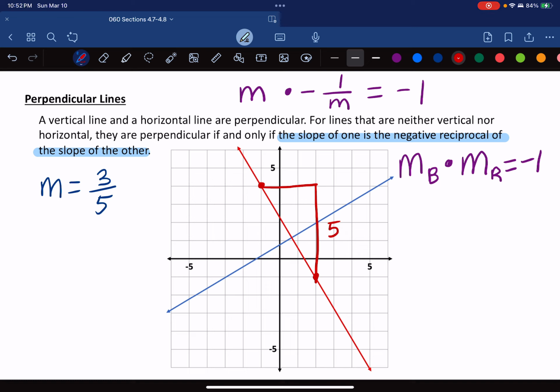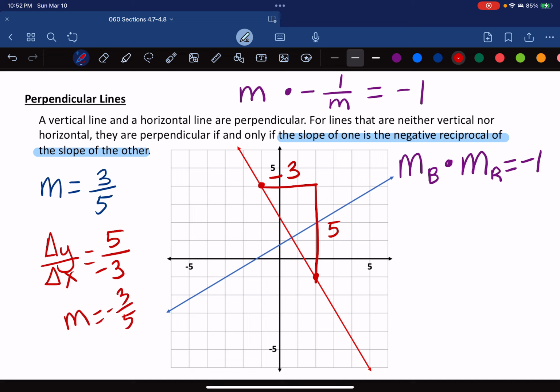We're going to go up 5, so the change in y is 5. And the change in x, it's going to the left, so that's negative, and it's going 3, so -3. So it looks like my slope is -3/5.